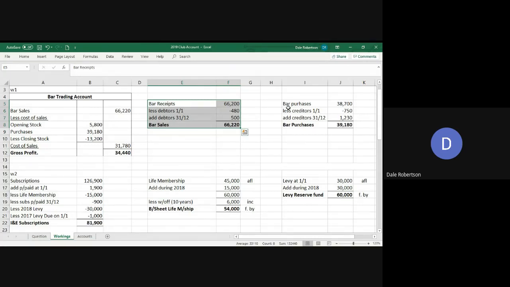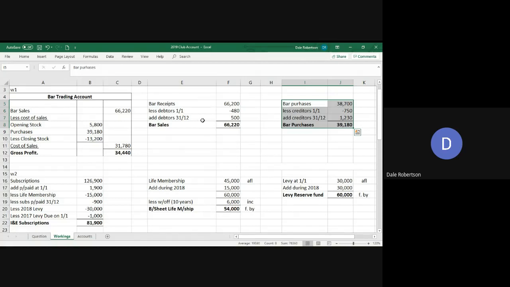You do a similar process for the purchases, except you use creditors. So the cash purchases are 38,700, but of course we have to take away creditors at the start of the year for last year's purchases and add on creditors at the end of the year, which are credit purchases for this year. And your actual purchases are 39,180.